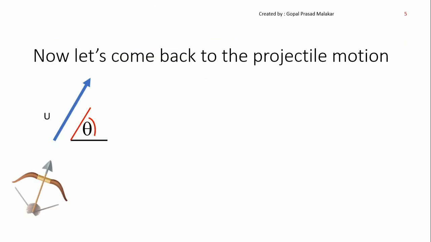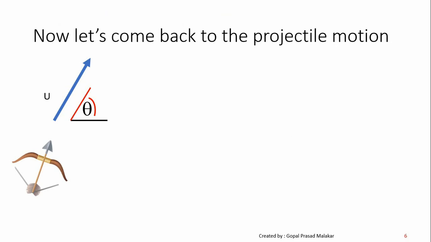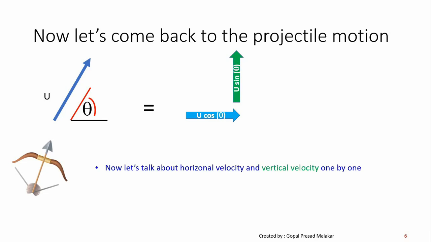Now let's understand how it is affecting projectile motion. So if you are sending an object with speed u and angle theta, it can be said it has two components: u cos theta as the horizontal component and u sin theta as the vertical component. Now we will talk about this horizontal and vertical velocity one by one.